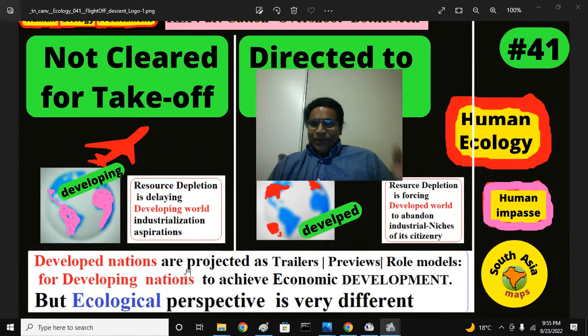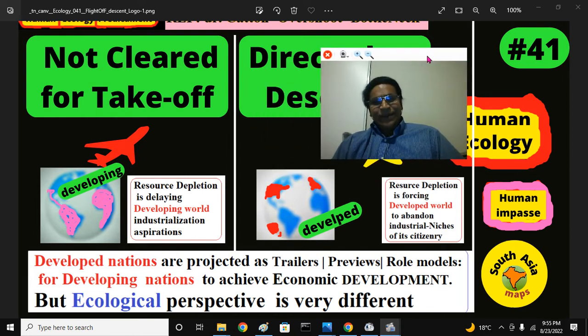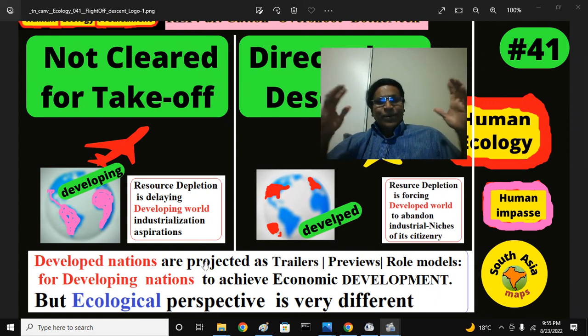Developed nations are projected as trailers. Generally, in the political discourses by intellectuals or media, developed nations like the United States, Canada, Australia are presented as role models and previews. We are told that all nations in the world should achieve their economic status and developmental indices.